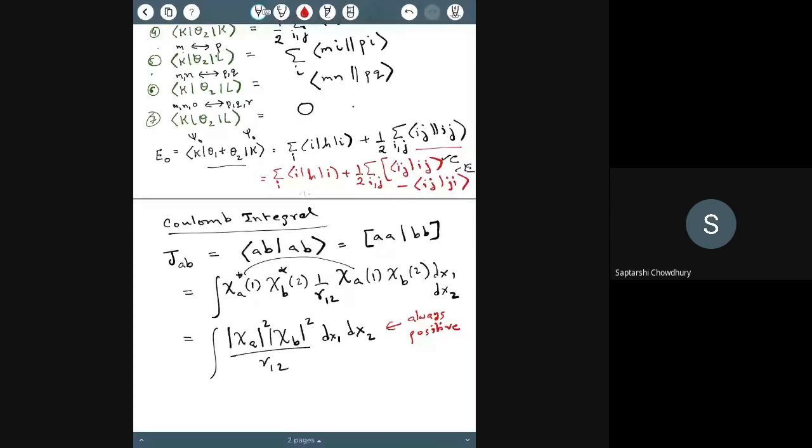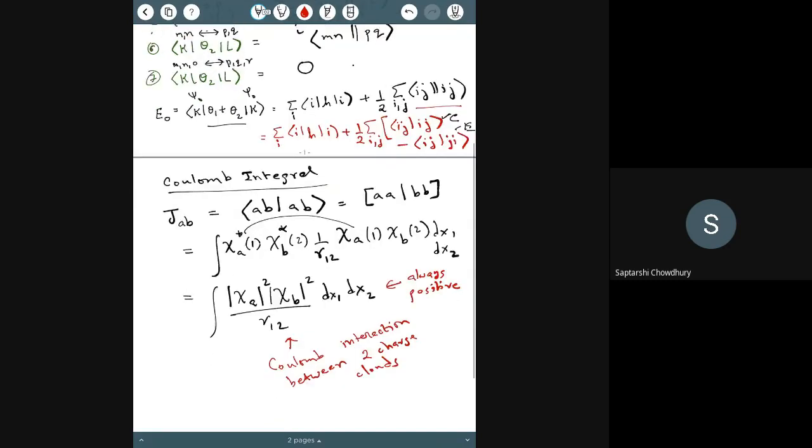So that is why this is called the Coulomb interaction or Coulomb integral between two charge clouds.